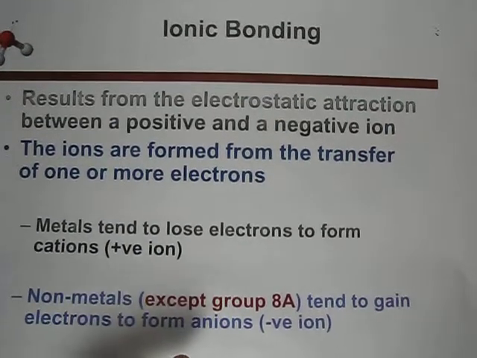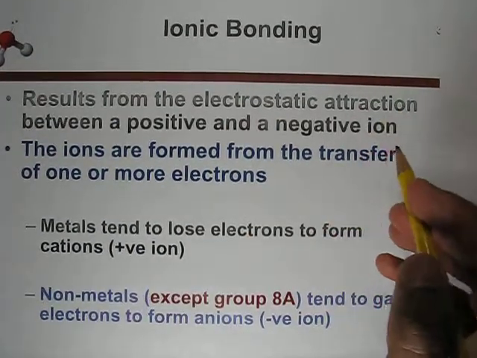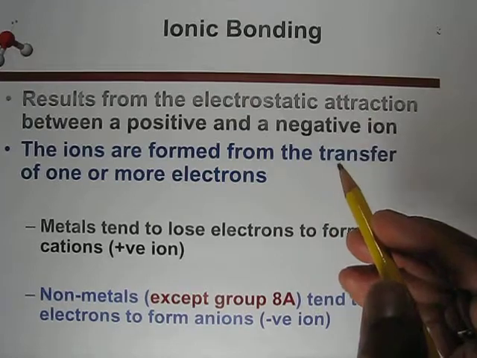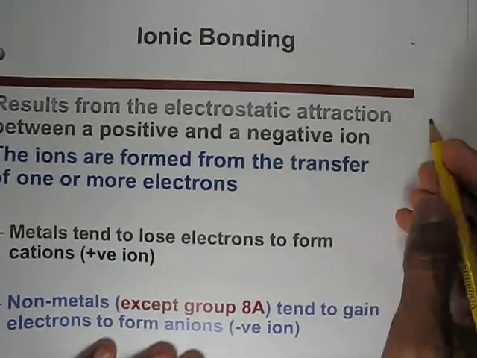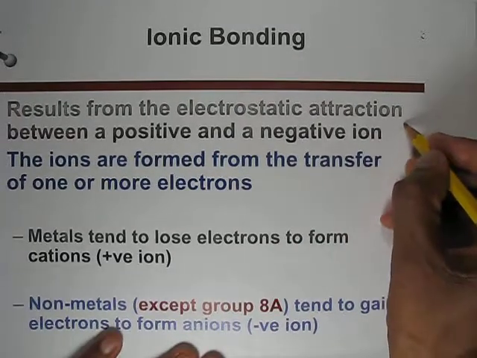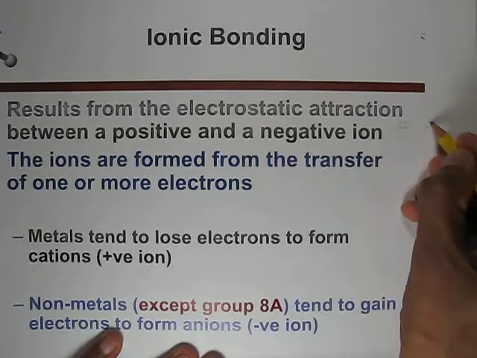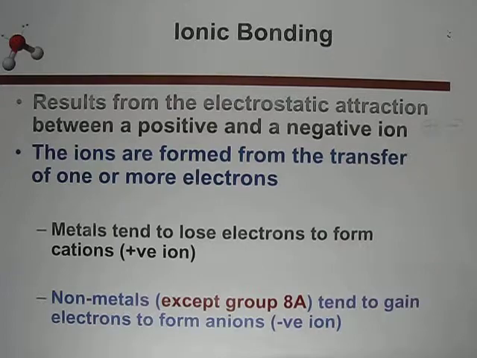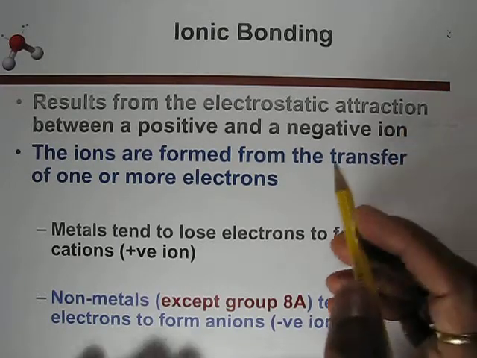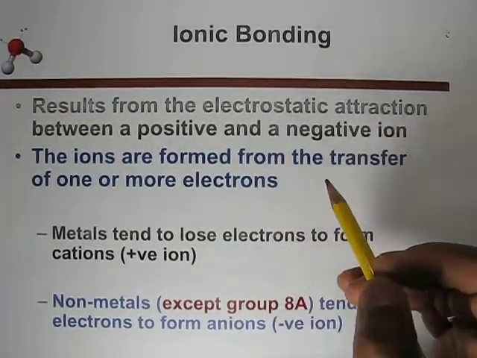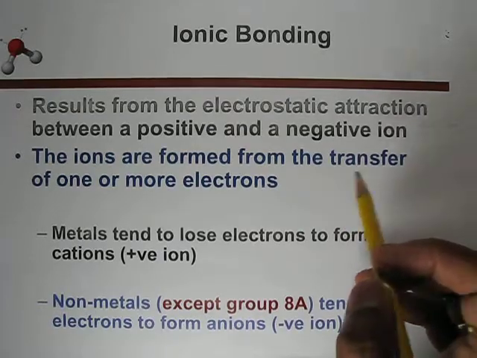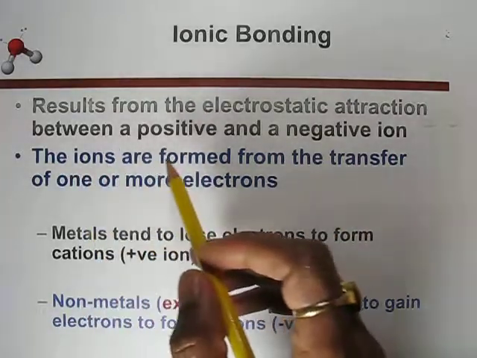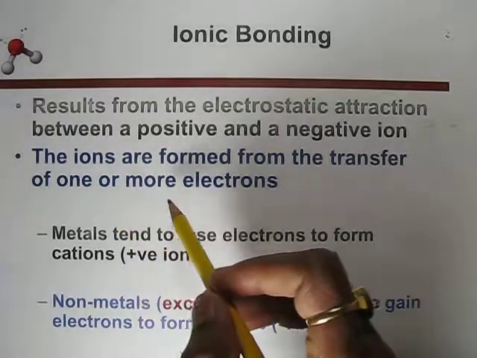Ionic bonding results from the electrostatic attraction between positive and negative ions. In an ionic bond there is always a positive ion and a negative ion. The ions are formed from the transfer of one or more electrons.